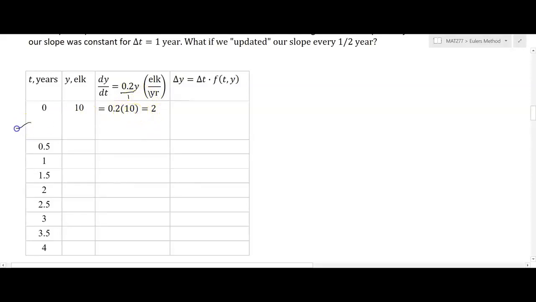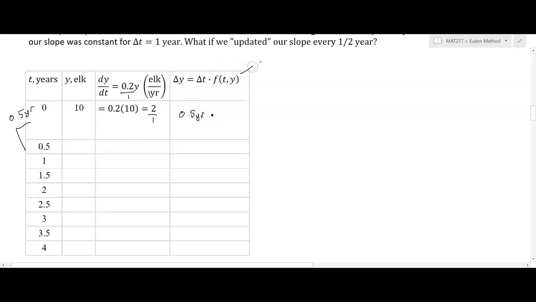But notice that the time advance here, the time step, or the step size as we call this, is half a year. So if this is a ratio of 2 elk per 1 year, my change in y is not actually going to be 2. My change in y is going to be my step size, which is half a year, multiplied by f of t, y.